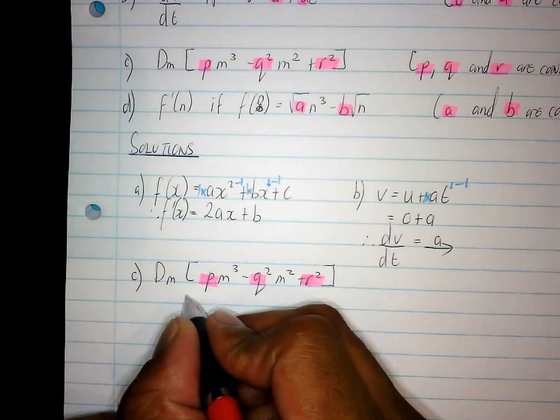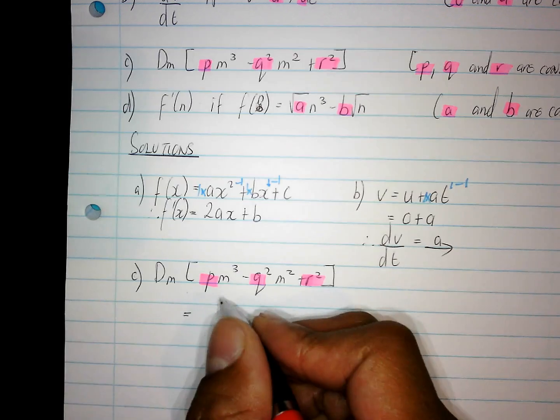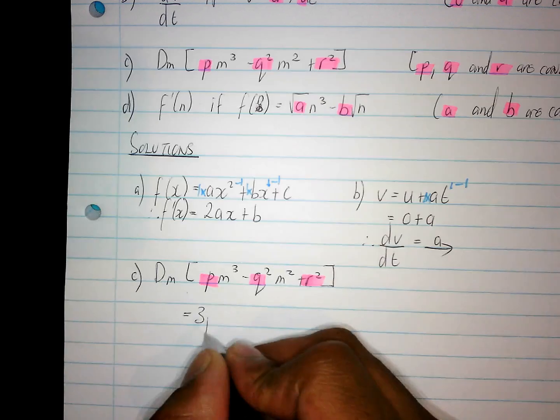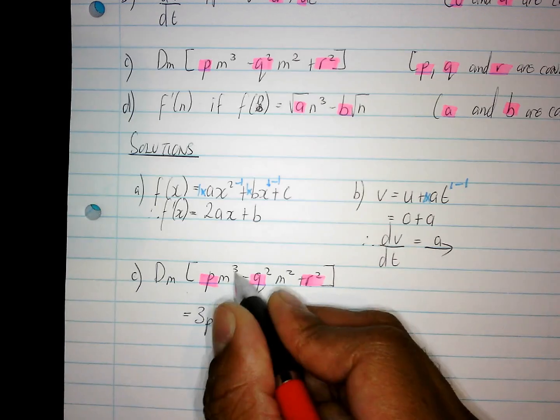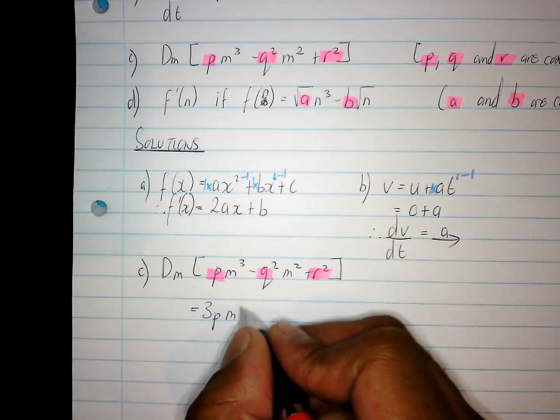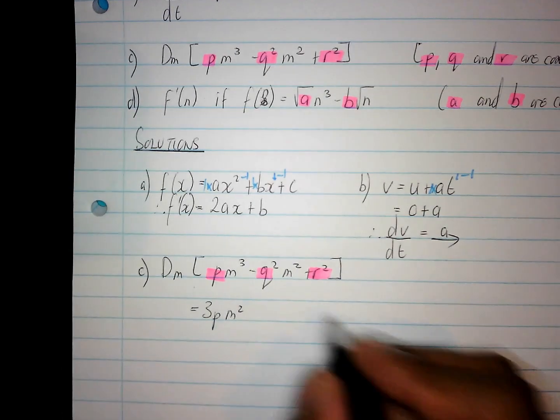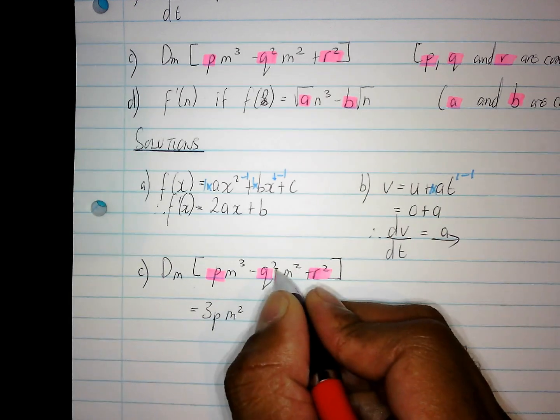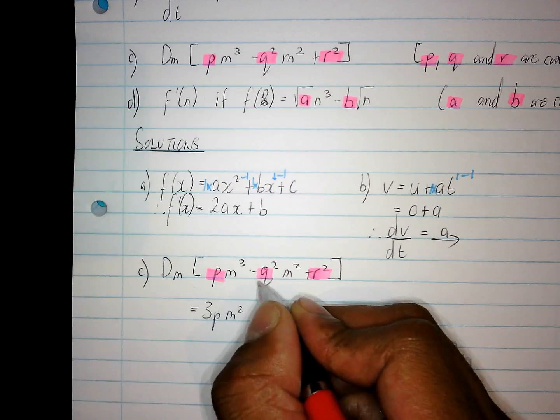So it's going to be 3 multiplied by P, which is 3P. Then 3 minus 1 gives squared. Then here we have 2. Remember, it's not going to be 2 multiplied by Q squared.